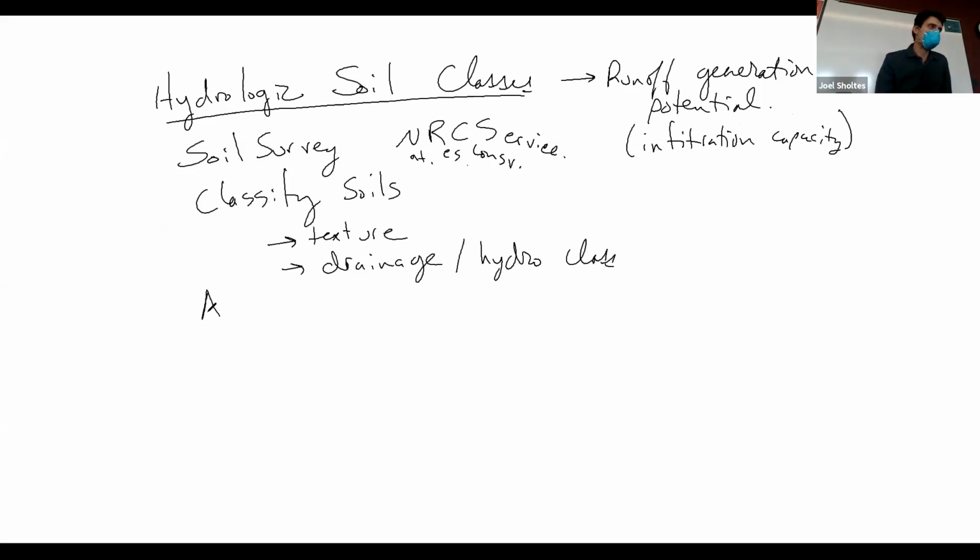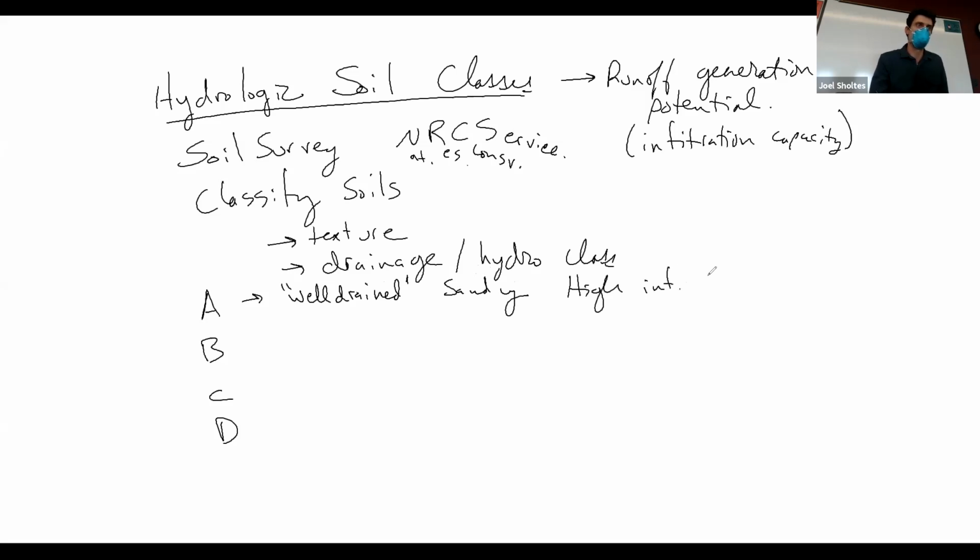So there are 4 different classes: A, B, C, and D. A is going to be what we call well-drained, sandy soils. And we have a high infiltration capacity and a low runoff potential. And then we go all the way down to D. Well, I'll just give you the names real quick.